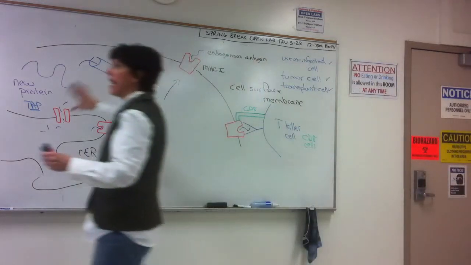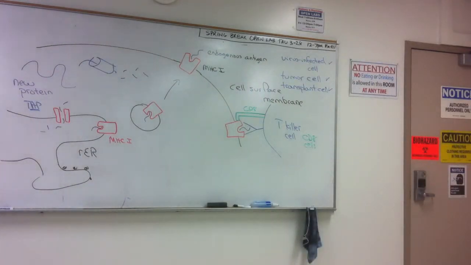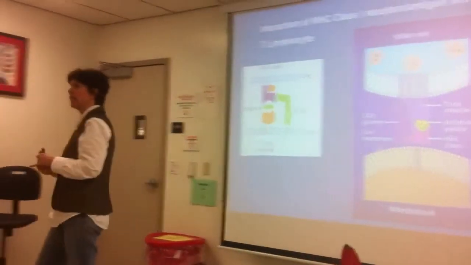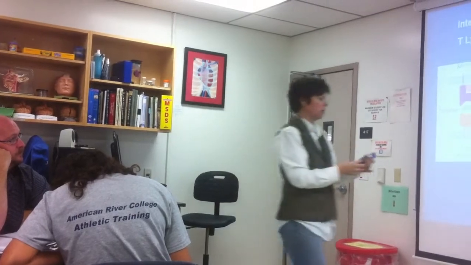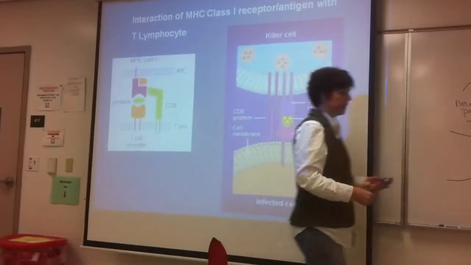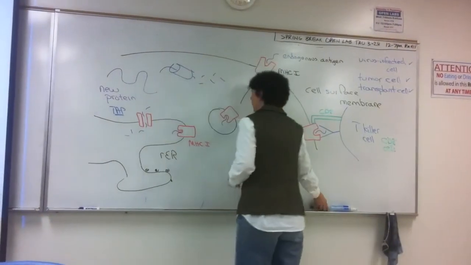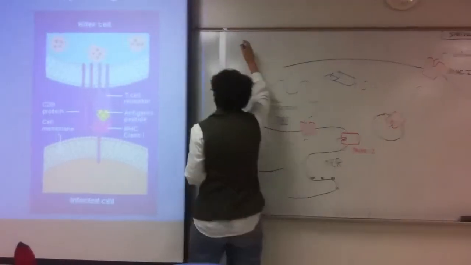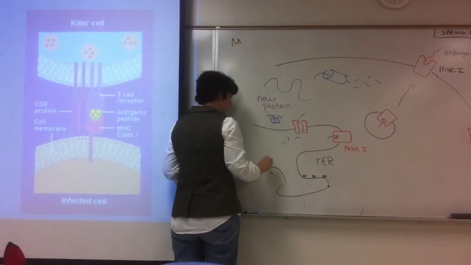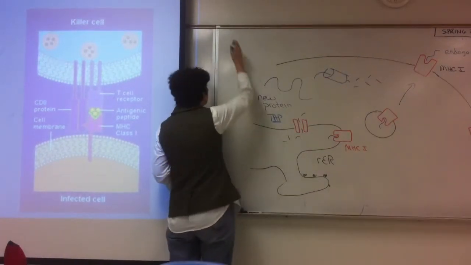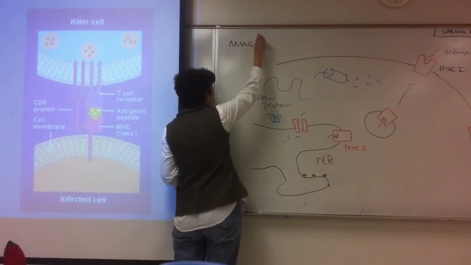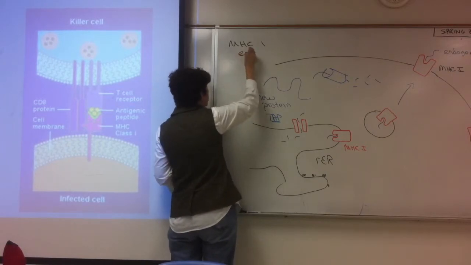All right, so we'll come back to this interaction here when we talk about how we activate T helper and T killer cells. But I just wanted to emphasize that MHC1 molecules, and let me emphasize that by adding it up here. So we're going to associate T cells, MHC1 have endogenous peptides.